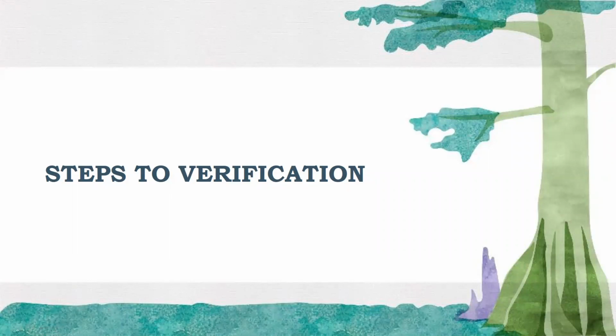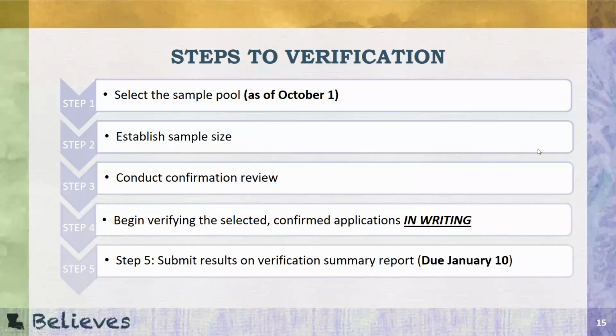Now we will discuss the steps to verification. First, you will select the sample pool as the number of applicants on file on October 1st. Second, you will establish your sample size. The sample size must be based on the October 1st sample pool.